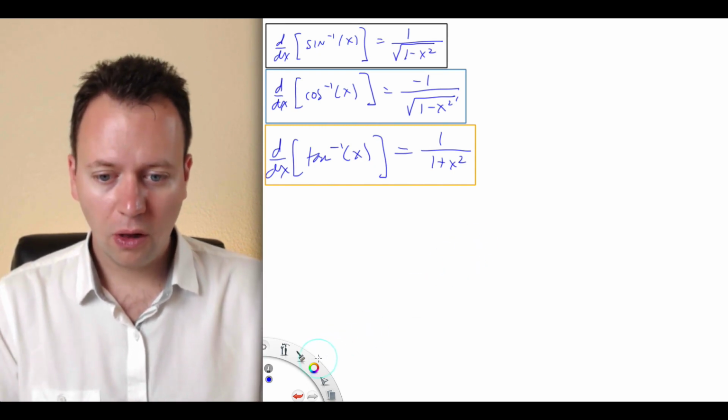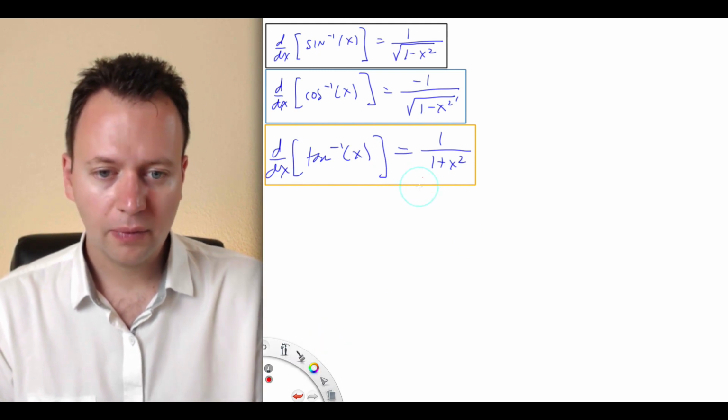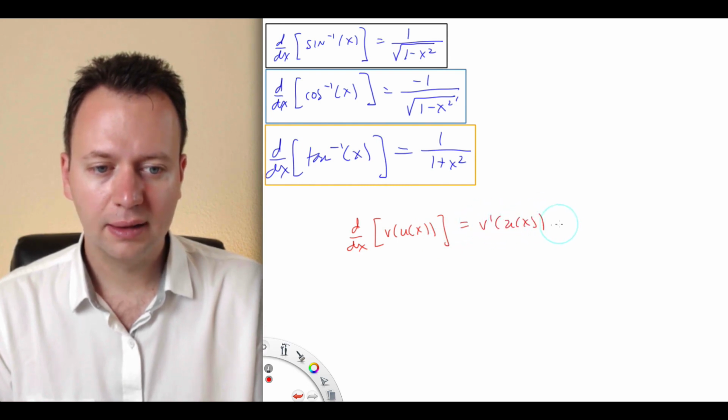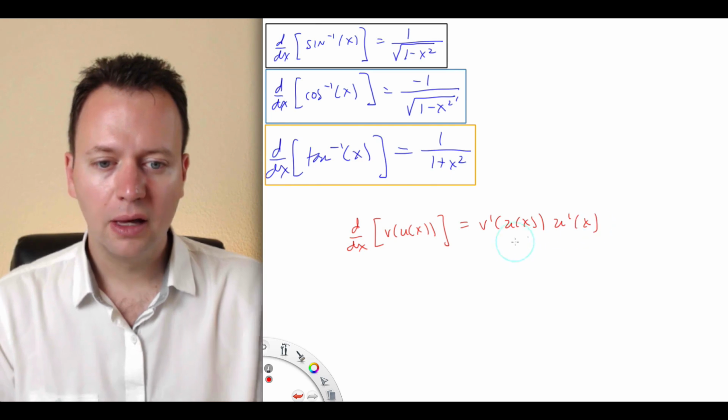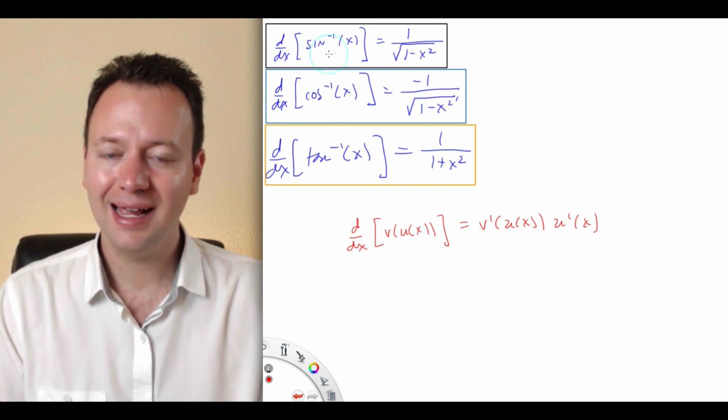Well, recall that in general, the chain rule tells us that the derivative of v of u of x is equal to v prime of u of x times u prime of x. So for each of these three instances, the v function is going to be the stated function right here.